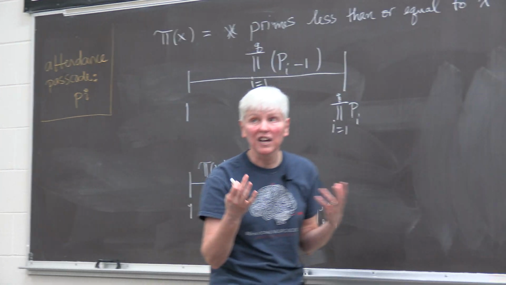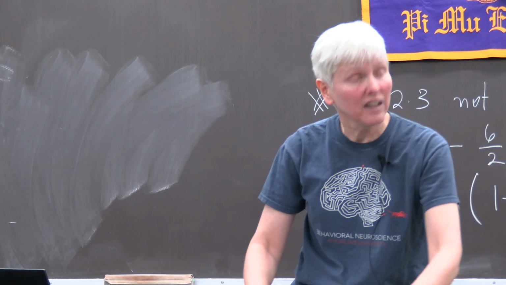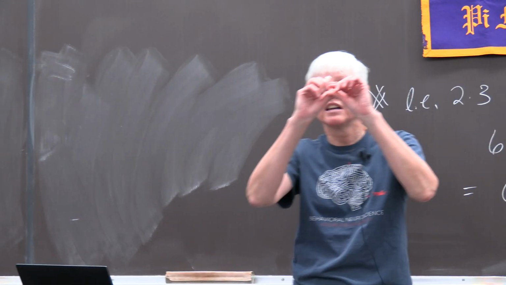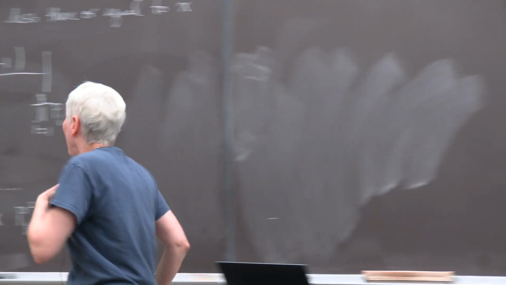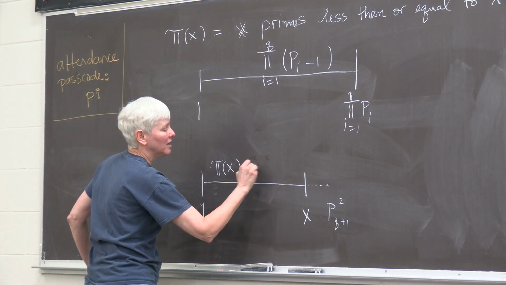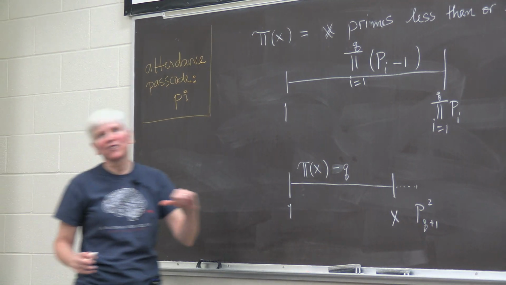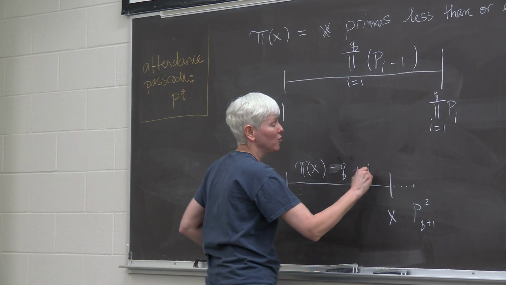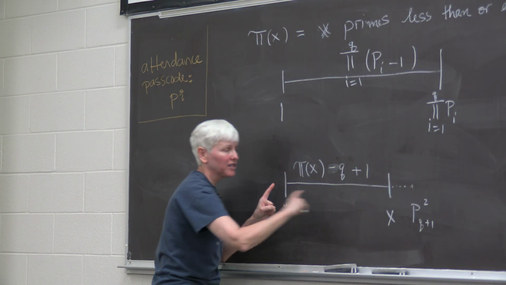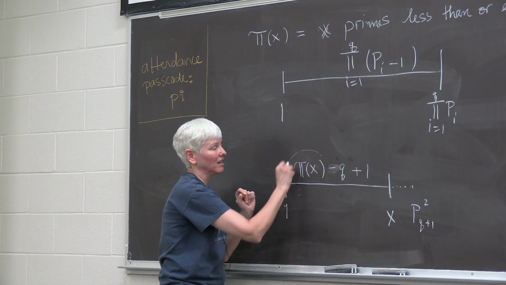How many things do I have to add in? No, actually I have to subtract them off because pi of x counts all the primes, where my procedure does not. So I actually have to take the first q primes off, and then I have to add 1 to include the unit. And this number is exactly the number of numbers on this interval that are not divisible by the first q primes. And look at that.